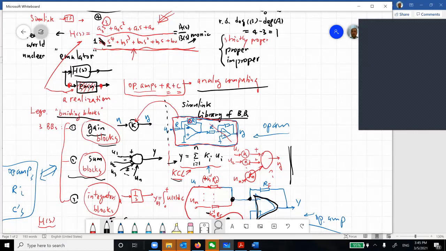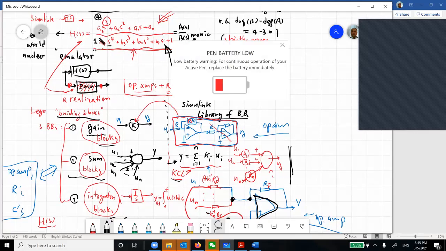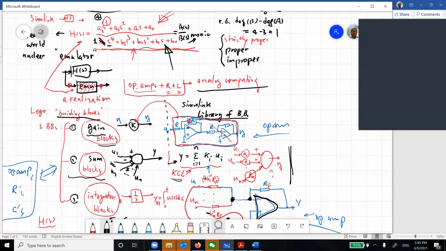It was built to solve differential equations, okay? Like this one. So this is a differential equation. Now you know what's going on within that analog computer, the ENIAC.